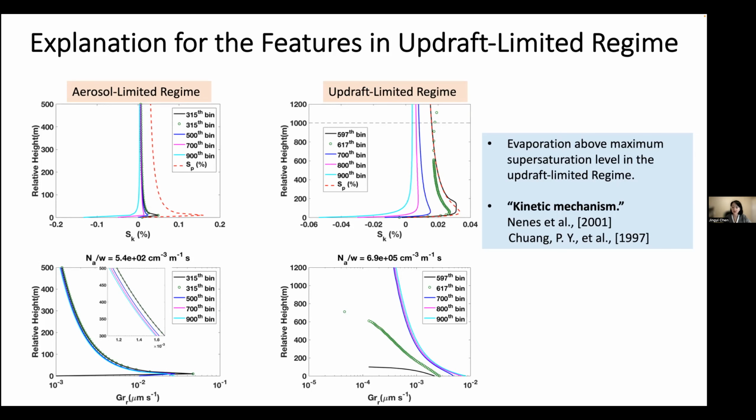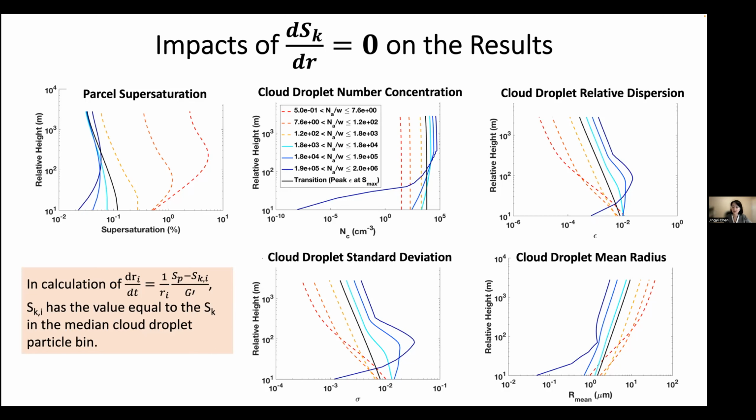Although the parcel supersaturation in the updraft limited regime is still higher, the cloud droplet number concentration holds constant for all the regimes. And the dispersion decreases with the height faster also for the other regimes. Then the standard deviation decreases with the height. So that confirms that the equivalent supersaturation is important for the new features in the updraft limited regime.